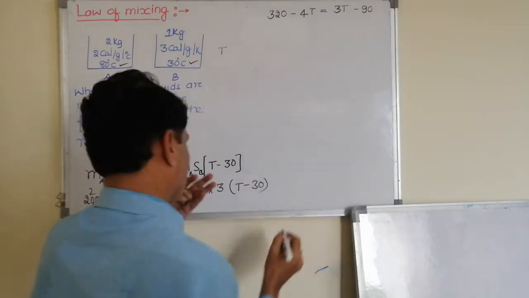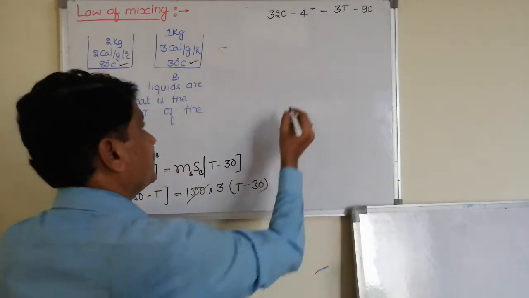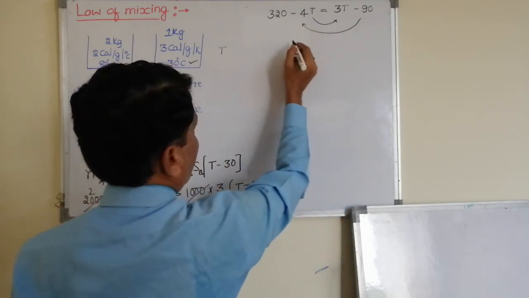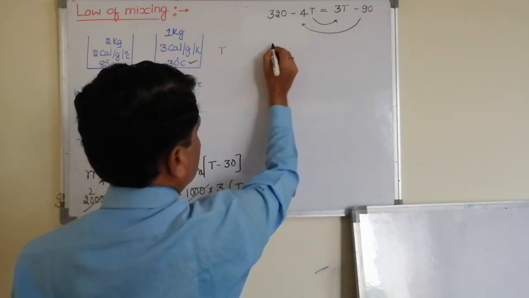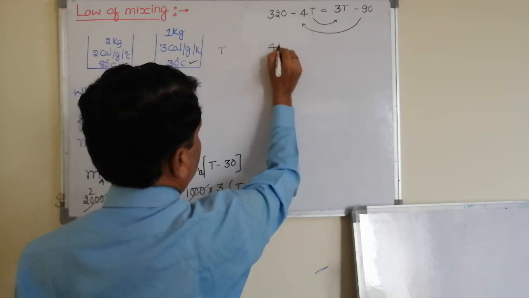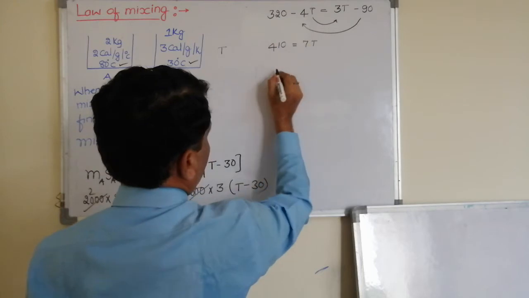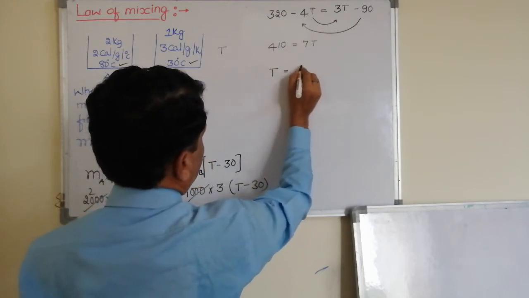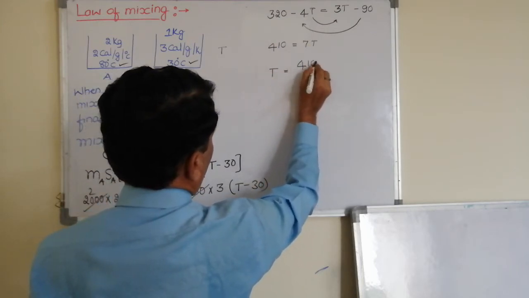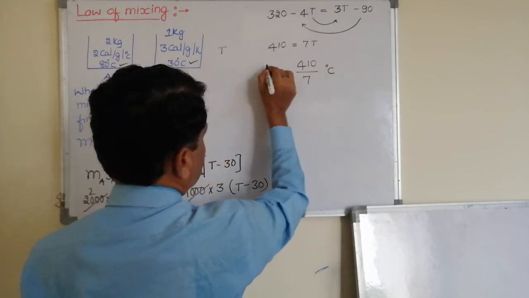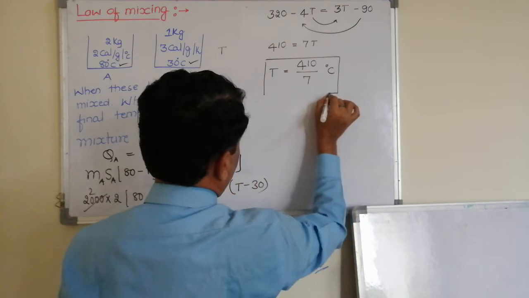Hope you can simplify further. Send 4T that side, bring 90 this side. If I bring 90 this side, minus becomes plus. It is 410 equal to 7T, or T can be written as 410 divided by 7 degrees Celsius. This is the answer.